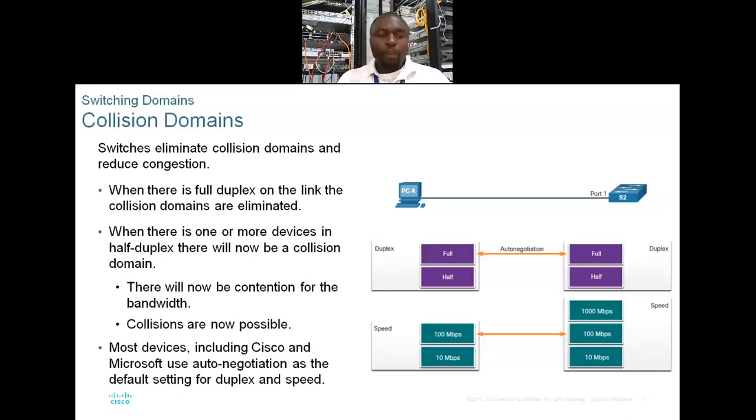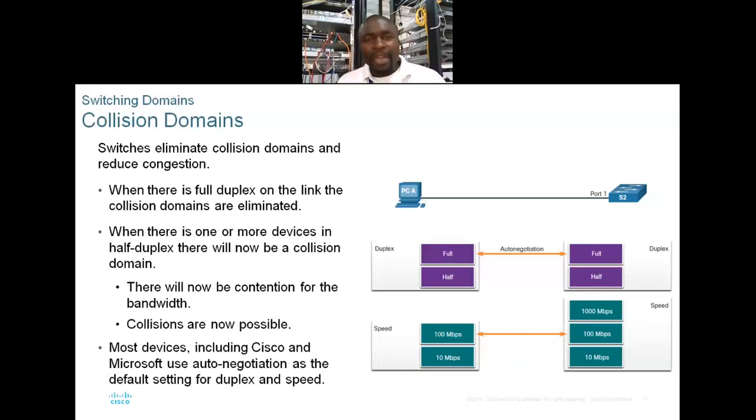All right. So most devices, including Cisco and Microsoft, use auto negotiation as the default setting for duplex and speed. Duplex is either half duplex or full duplex. So you set it to auto by default, but you can change it, all right?